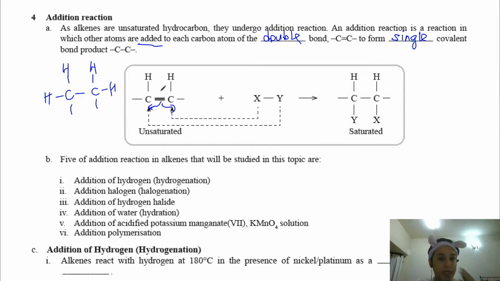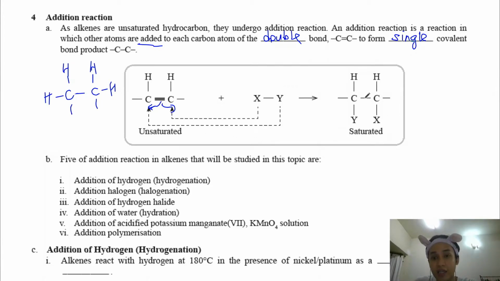So basically, we break open the double bond and form 2 more new bonds, which are single bonds. That is why for alkene, in all addition reactions, you are changing from unsaturated to saturated.